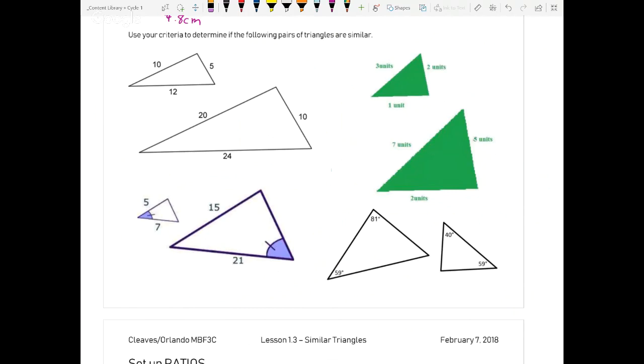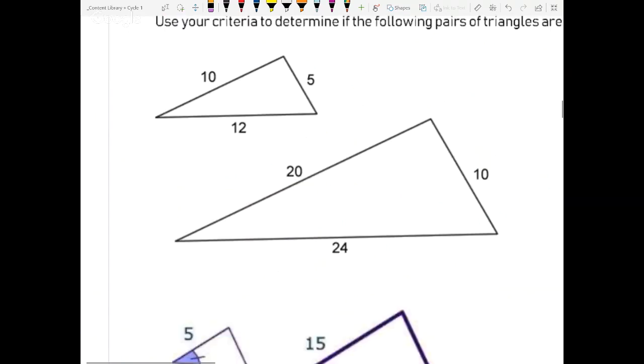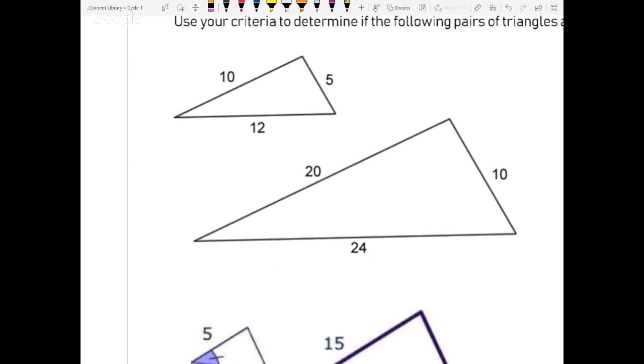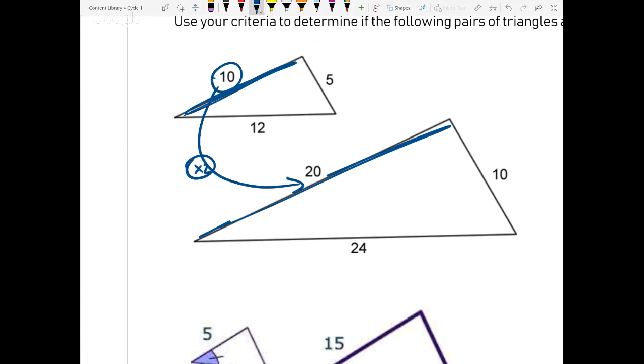What can you tell me about this top one? First of all, do you think it's similar or not? But second of all, how did you think about it? What did you do to get that decision made? Okay, so this side to this side, they're obviously the same side. And what did we do to that number? We doubled it, right?